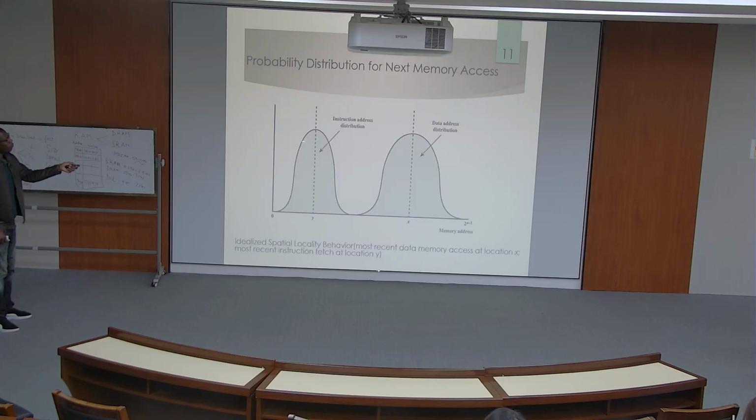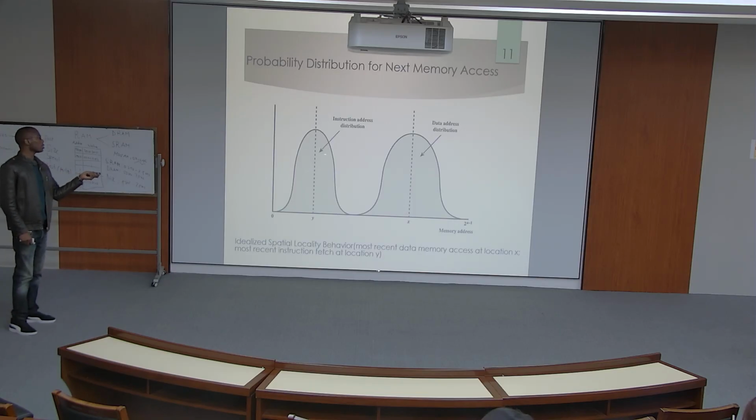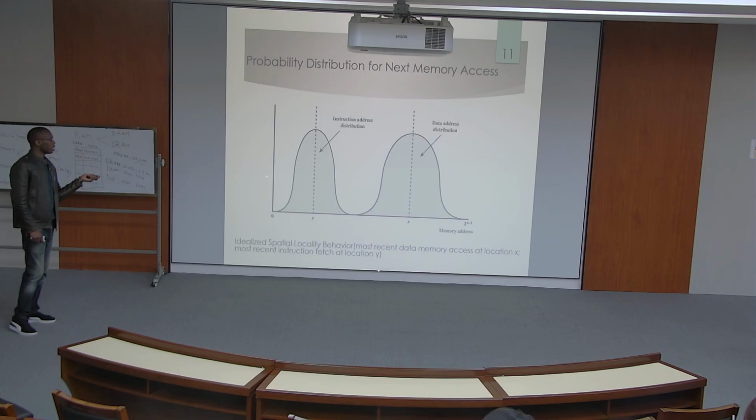But as you move far away from this center, you see that the instructions far away from the center have a low probability to be accessed in the future. If you go far away to the left or to the right, the instruction addresses far away from this center will have less probability to be accessed in the future.